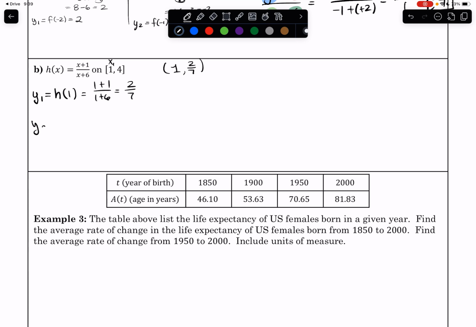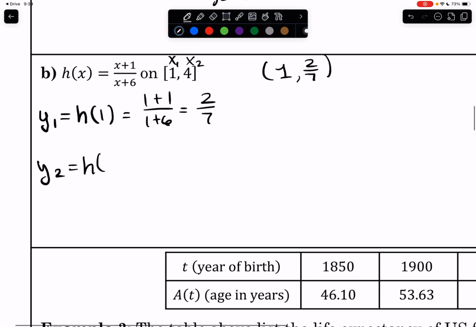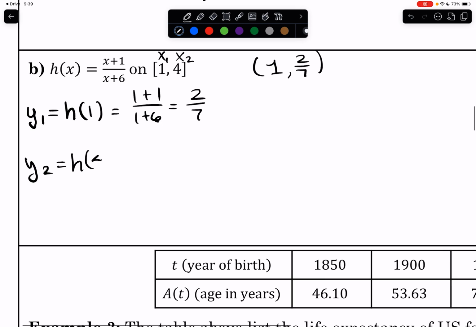Now to figure out the y2 value, I'm now going to evaluate the function h with my x2 value, which is 4. So this will be 4 plus 1 over 4 plus 6. So this is 5 over 10, which reduces to 1/2.